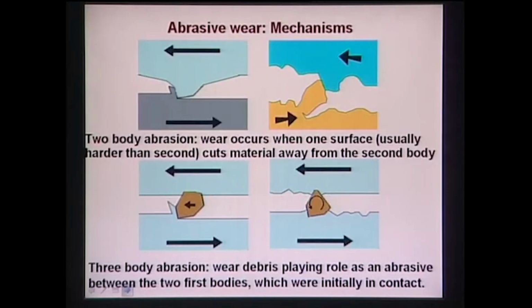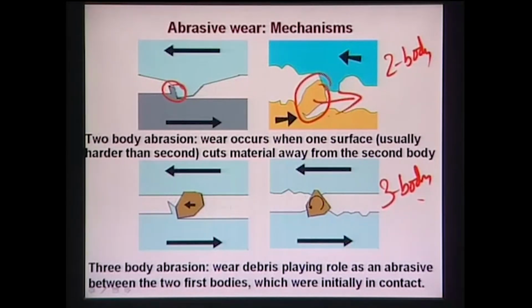This is a little more on the abrasive wear mechanisms. This is called two body wear, and this is called three body wear. As you can see here, these are the wear fragments that form, and this is the chip that can be removed immediately during the next impact.